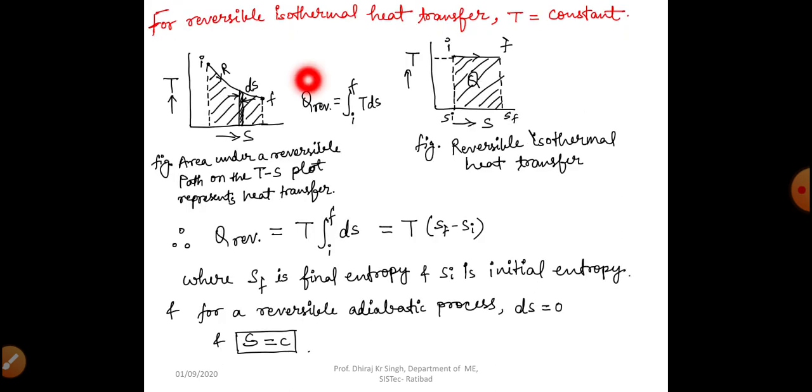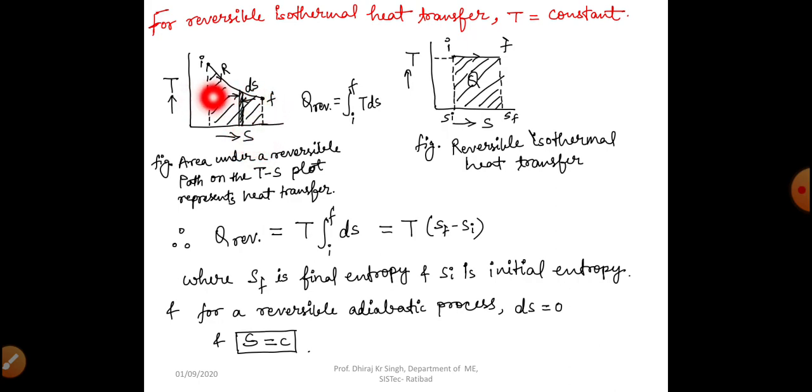So we have taken a strip here, a point on this curve, and we have projected that point on the entropy axis.